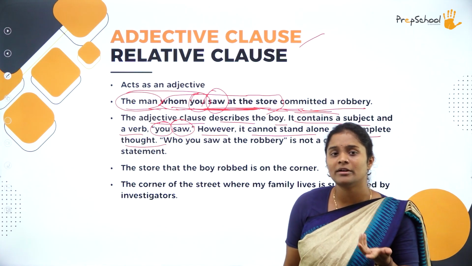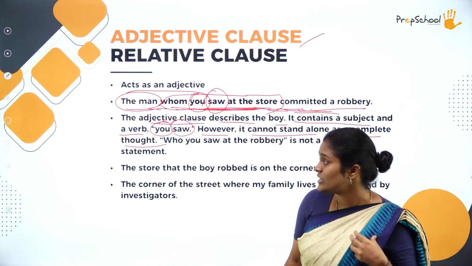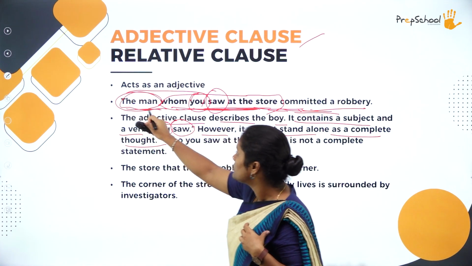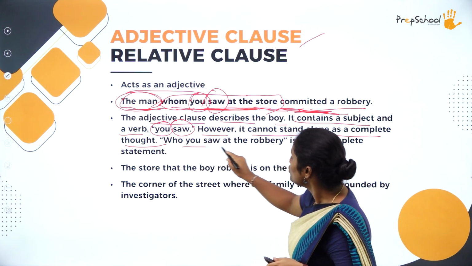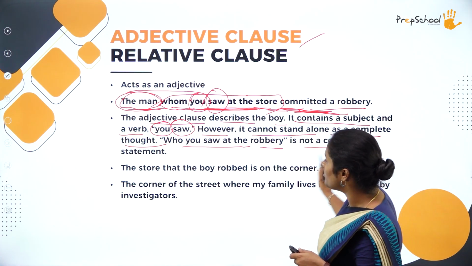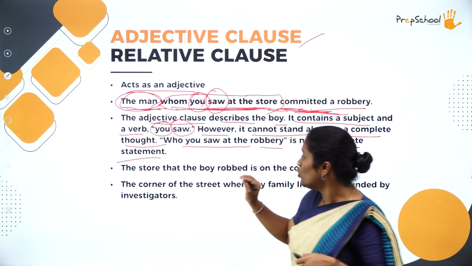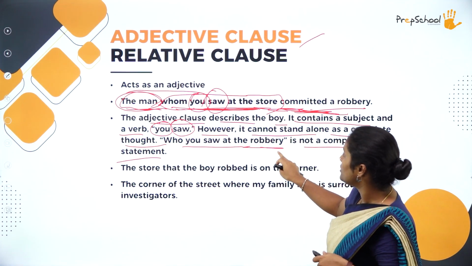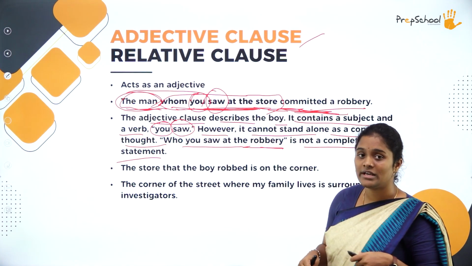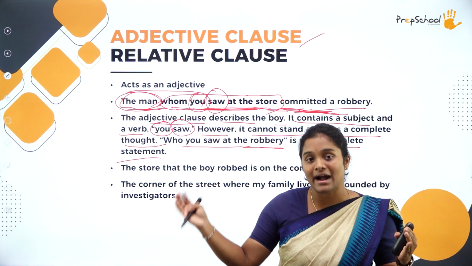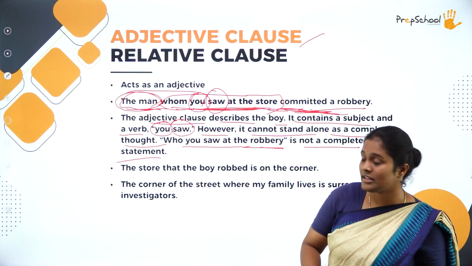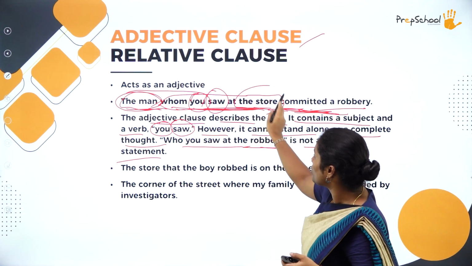What happened about it? There was this man, the man that you saw at the store committed a robbery. Whom you saw at the store is not a complete statement. Hence, it has to be backed by the man that you saw at the store.